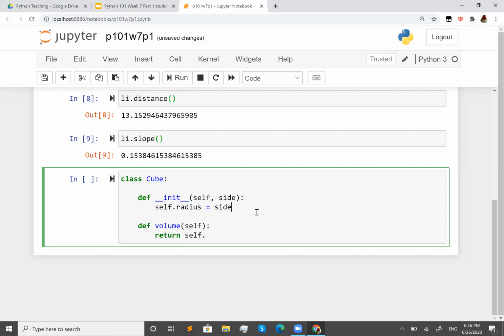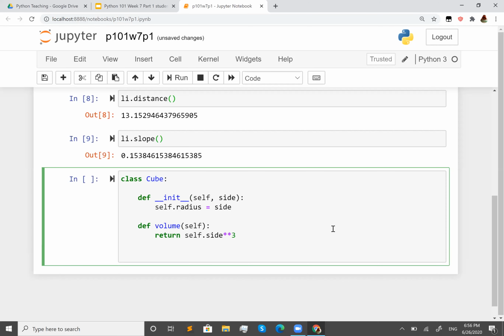So side, and we're just gonna have that to the power of 3. That was an easy one because that's all you had to do. And we're gonna define another thing called surface area. Now you just base it on that, and then you have self inside.